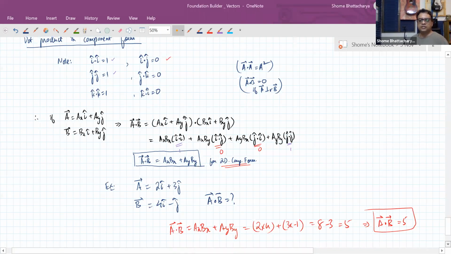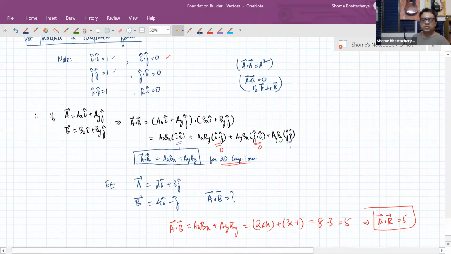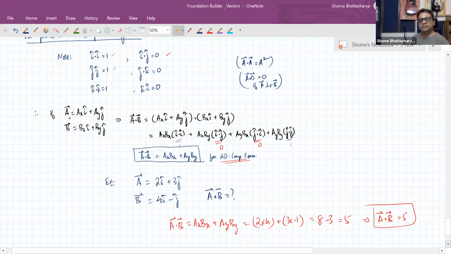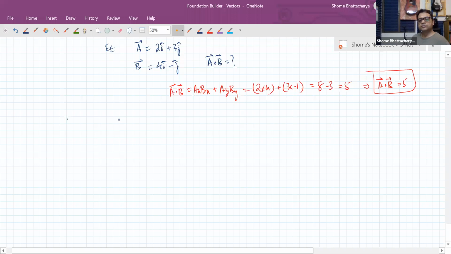Okay, so the final thing for dot products is in 3D, in three-dimensional component form. The formula just becomes an extension of what we have written in 2D. Ax into Bx plus Ay into By plus now the product of the z components.